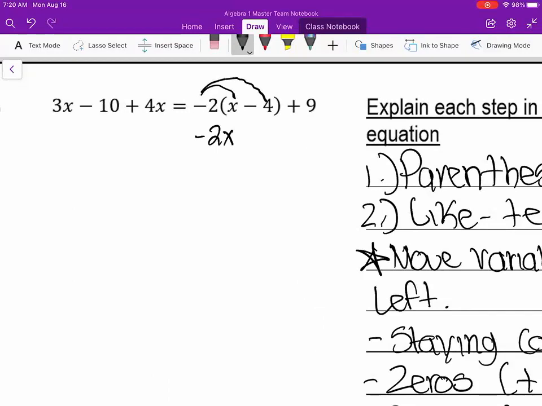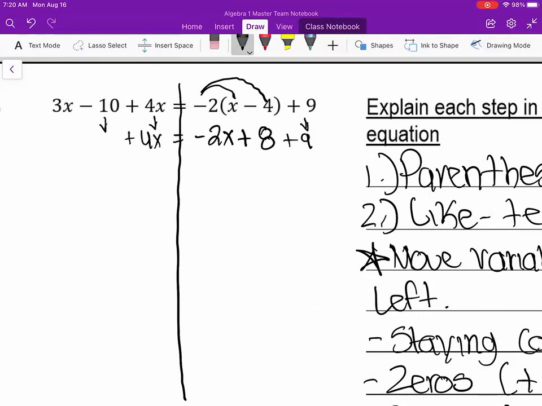Negative times a negative equals a positive, so that turns into +8. Once you do that, just bring everything down. I'm going to draw my line and bring everything down. So the +9 equals 4x - 10 and 3x.